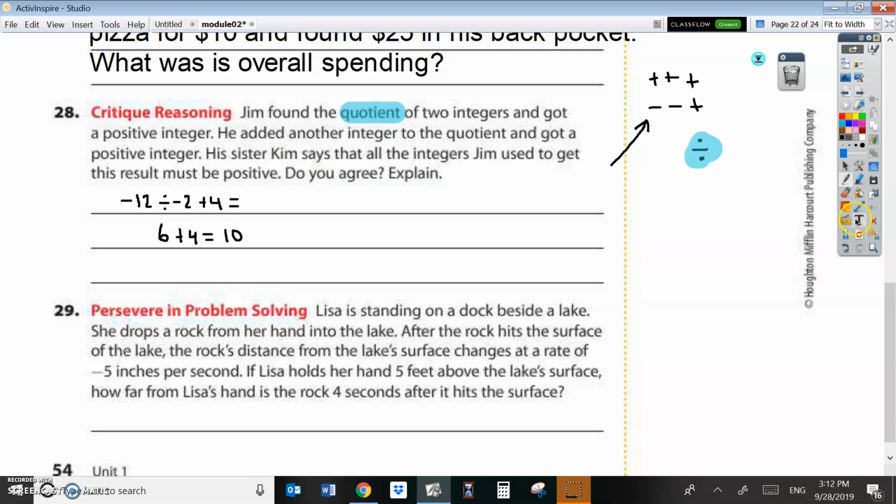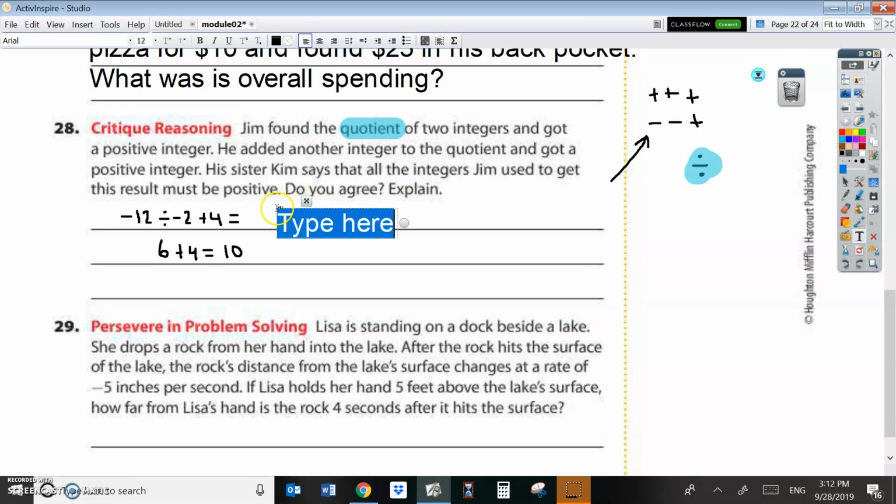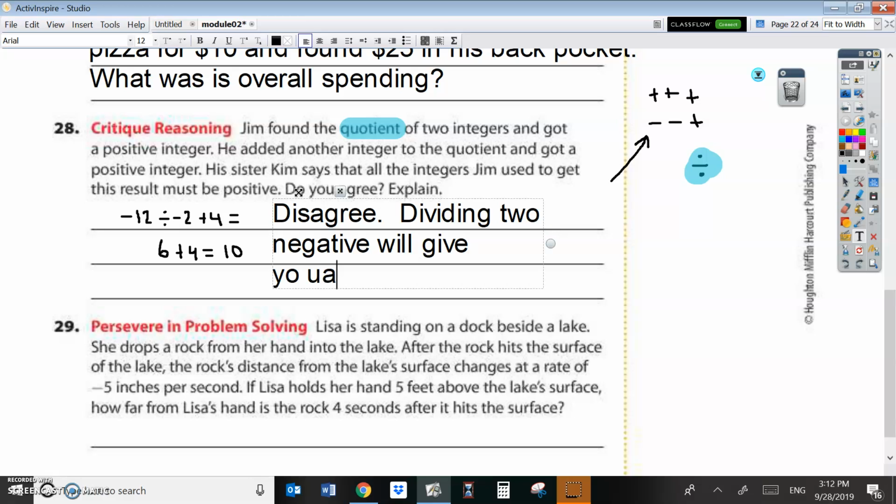So we disagree. Dividing two negatives will give you a positive. Add to that, and it is still positive.